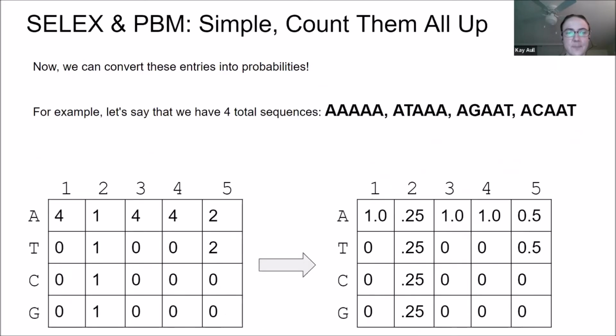And so now we convert these things into probabilities. So the probability of having an A in the first, third, and fourth position is 1, 100%. Whereas the probability of having an A in the second position is just a quarter. That is, just divide it by the total.